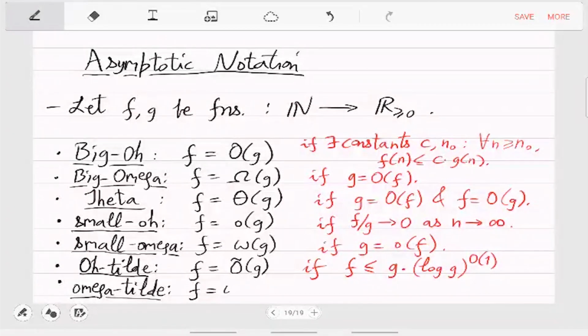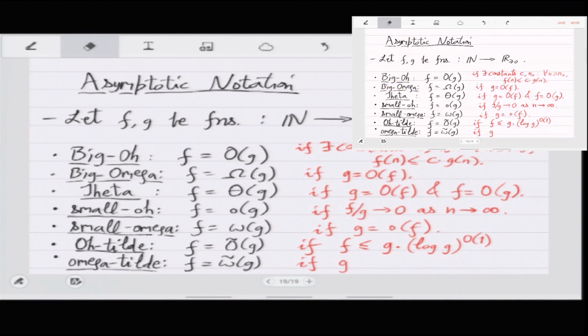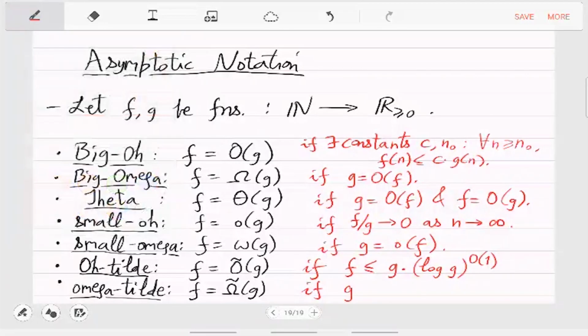So you write f is omega tilde of g if g is equal to big O tilde of f.